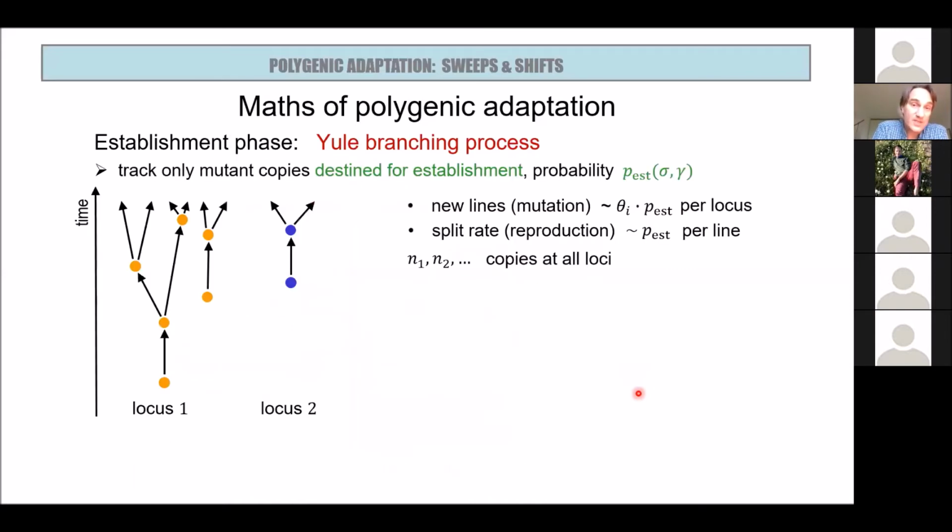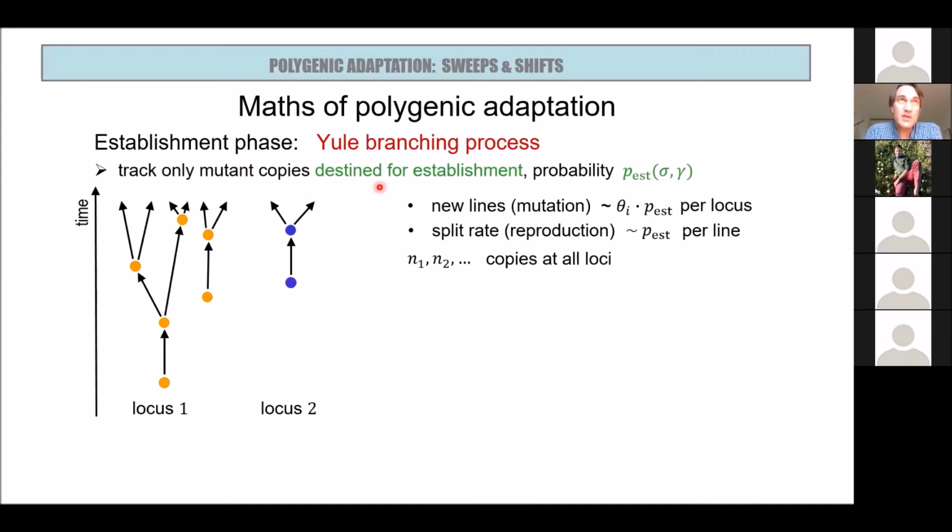So this initial phase with a branching process, just to give you a short idea of that, right? What we use here is a so-called Yule branching process, where we track single mutant copies that are destined for establishment.